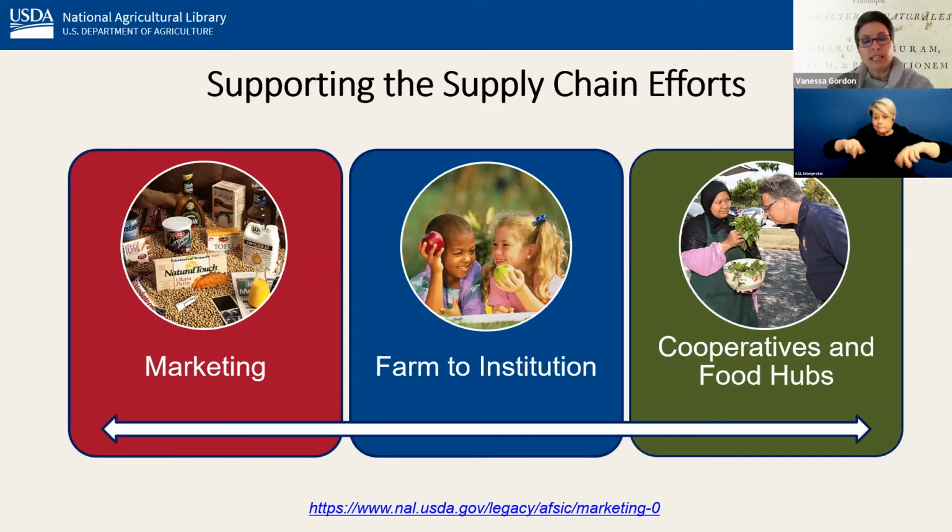So the marketing related pages on AFSIC include a multitude of alternative marketing ideas, like what we were just discussing: direct marketing resources, value added enterprise, regulatory programs that can enhance farming or ranching success. And these tools are designed to help ensure that there's a sink to the agricultural produce that's being sourced.